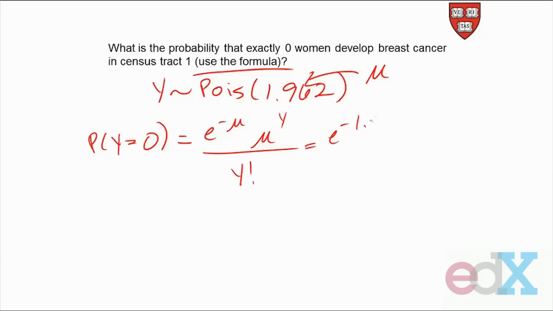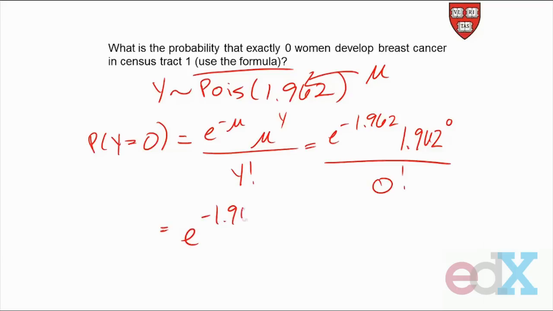I can plug in my numbers, and it ends up being a simple calculation. It's e to the negative 1.962, because mu to the 0 is equal to 1 and 0 factorial is equal to 1. Plugging that into a calculator, the probability of observing exactly 0 cases is about 0.141, so 14.1%.